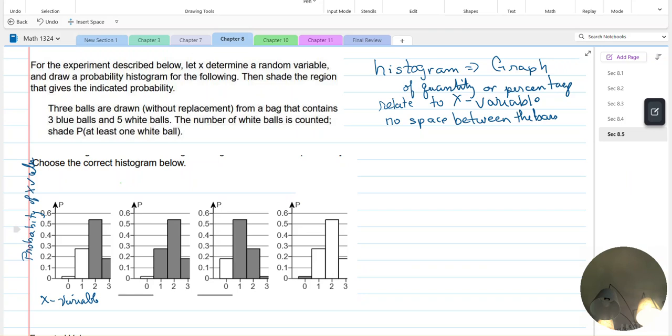For the experiment described below, let x determine a random variable and draw a probability histogram for the following. Then shade the region that gives the indicated probability. 3 balls are drawn without replacement from a bag that contains 3 blue balls, 5 white balls.